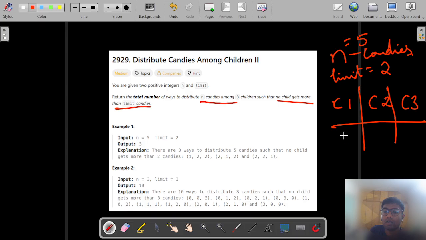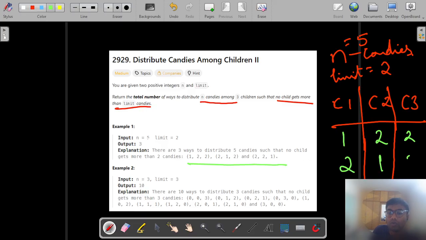So if we think about it, 0 0 0 is a possible way to distribute candies. So let's say 1 2 2. So it's 1 2 2, 2 1 2 and 2 2 1.